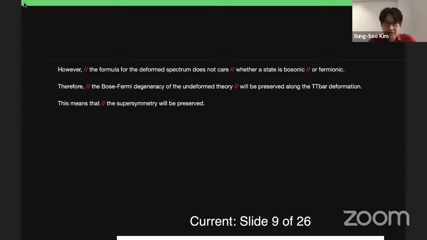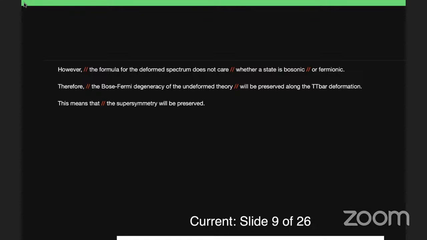Based on the slide, we don't see any deformation operator, so you might guess that the supersymmetry is broken. However, if you look at the universal formula for the deformed spectrum, it does not care whether a state is bosonic or fermionic.